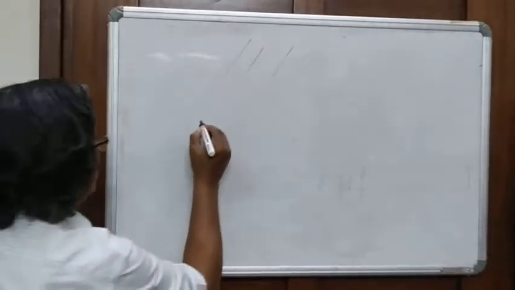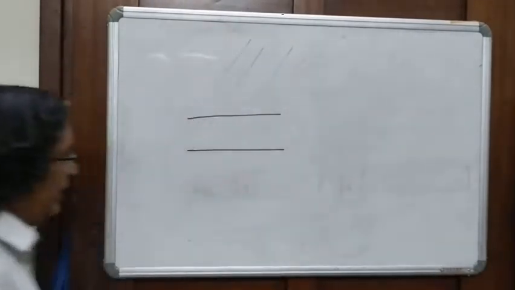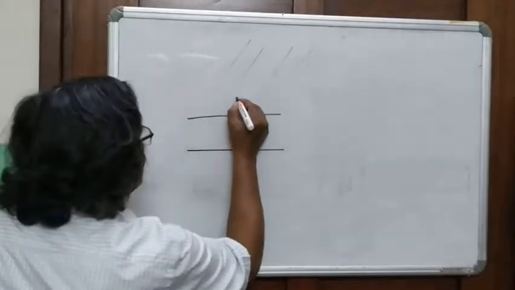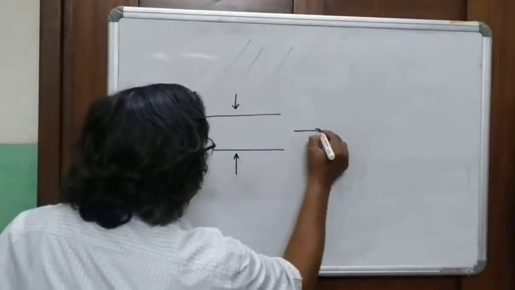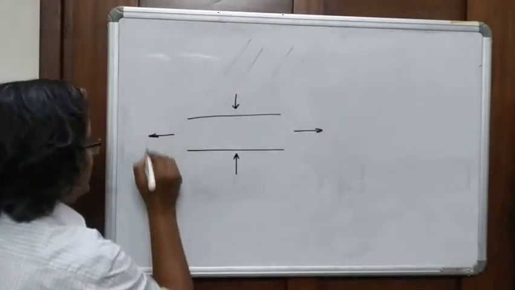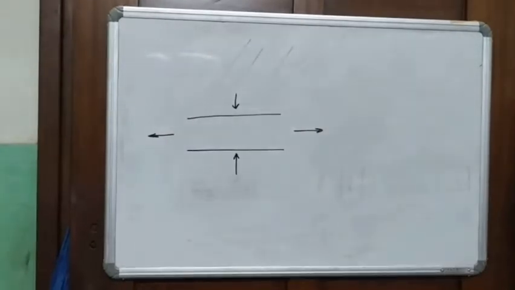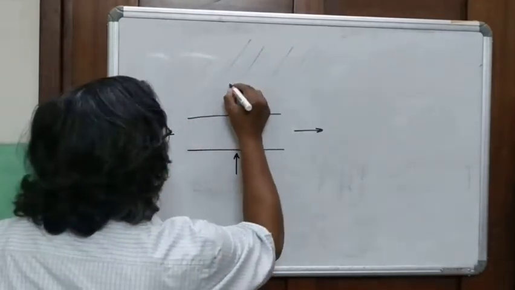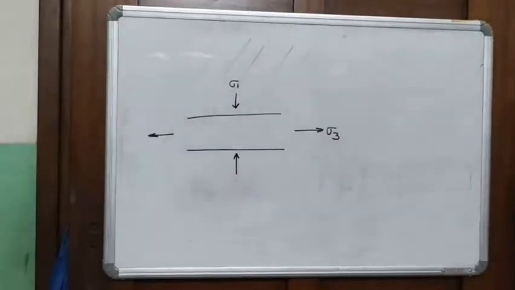Say, for example, I have a layer where there is pure shear. Remember, pure shear, and this is extension. So this we can call sigma 1, and this we can call sigma 3.